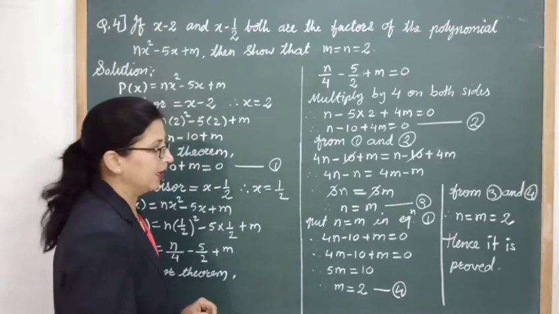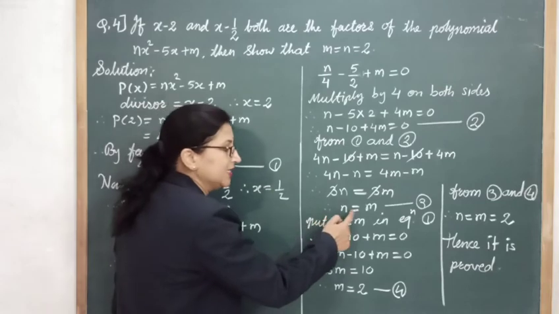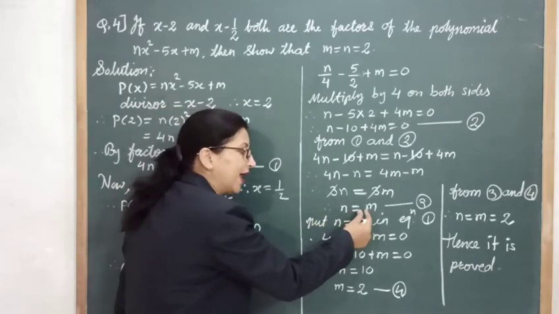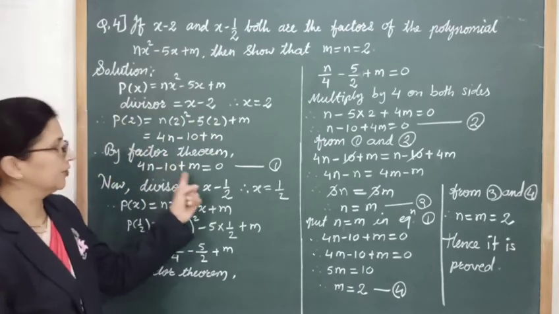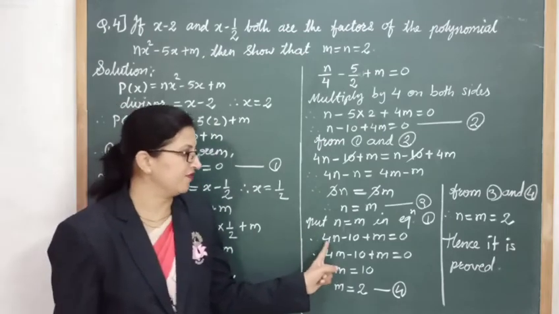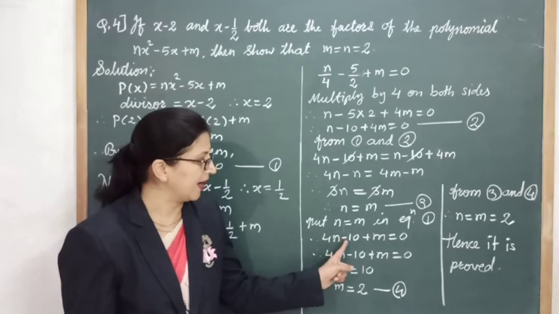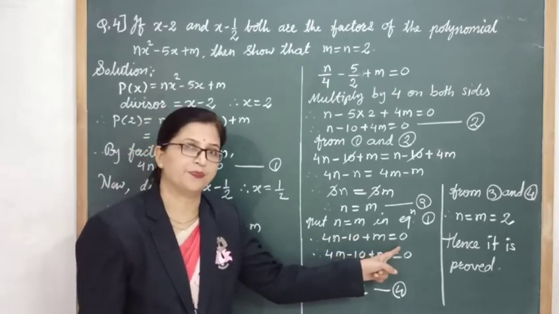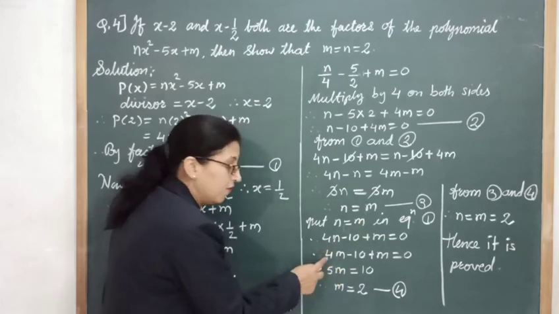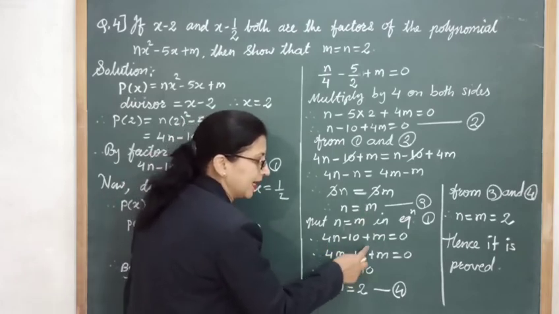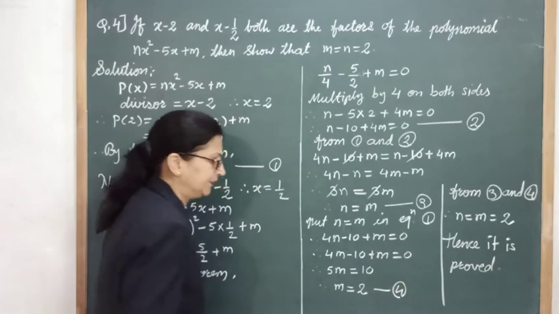Now, since n is equal to m, we'll put this value of n as m in equation 1. Let's write down equation 1: 4n minus 10 plus m is equal to 0. Instead of n, we put m, so 4m minus 10 plus m is equal to 0.